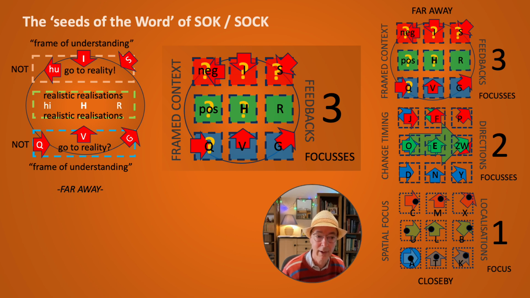So that's the Q. The V will move towards the things that are available in that reality. The G will go and figure out what is that reality. Maybe we only understand it partially, so let's figure it out and go towards it.